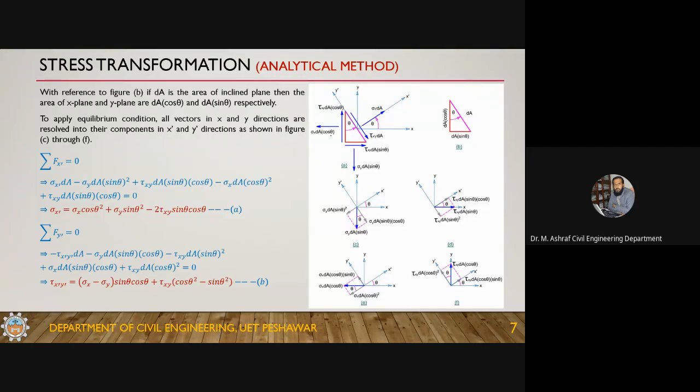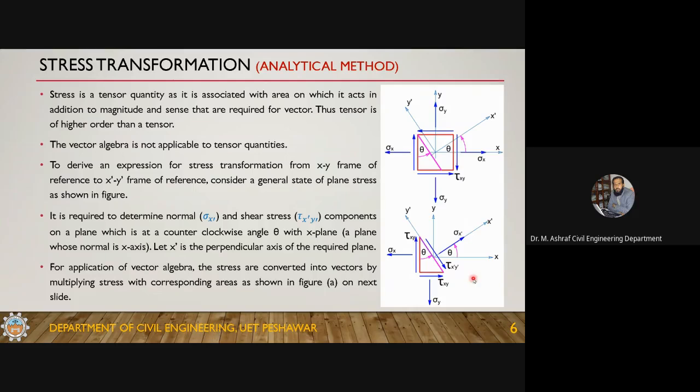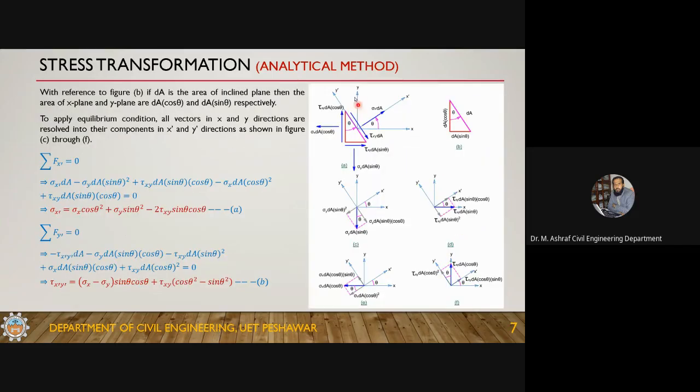Now if you multiply these stresses with the corresponding area, you will get sigma x prime dA, tau x prime y prime dA, tau xy dA cos theta, sigma x dA cos theta, tau xy dA sine theta, and sigma y dA sine theta.